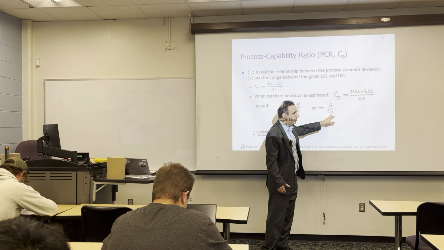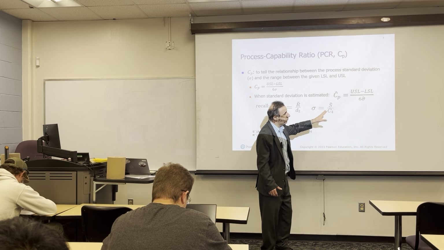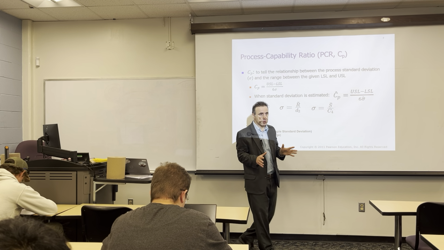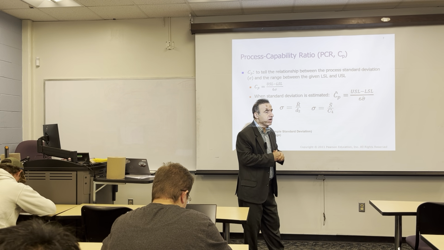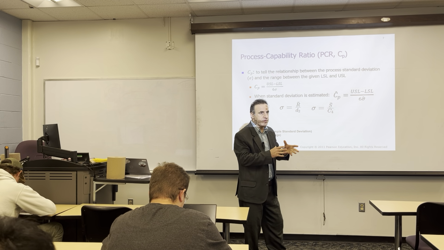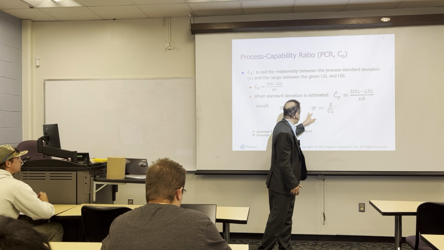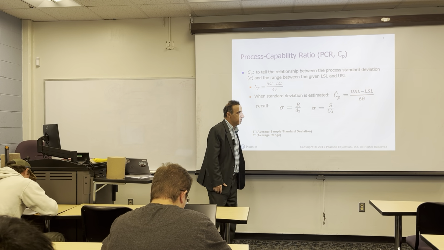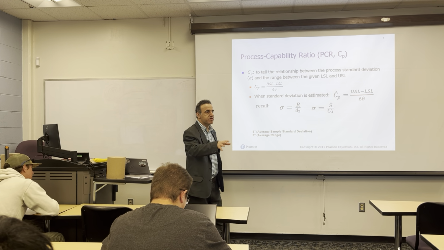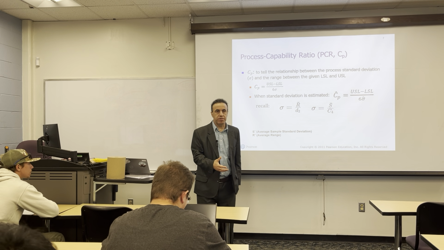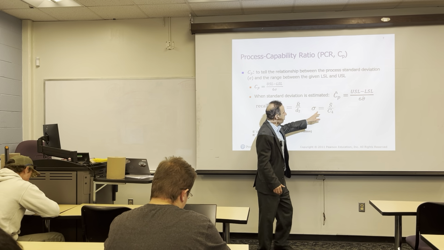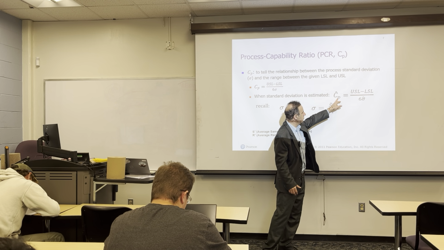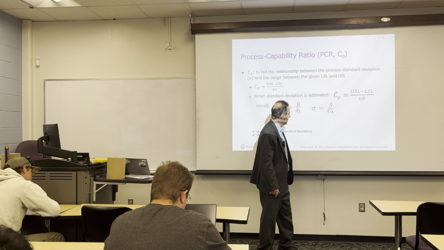These numbers can be determined from the table at the end of the textbook, a chart based on the sample size. If you have 5 samples, this C4 and D2 are going to be different, right? So the problems provide the sample size, and then you find those factors from the chart. And then you can use this equation to find Cp.